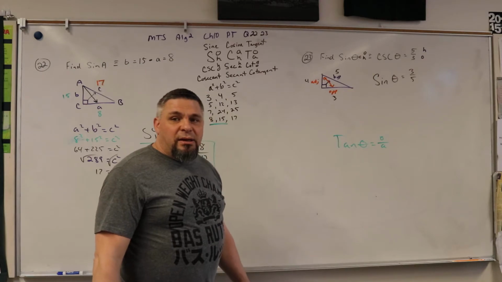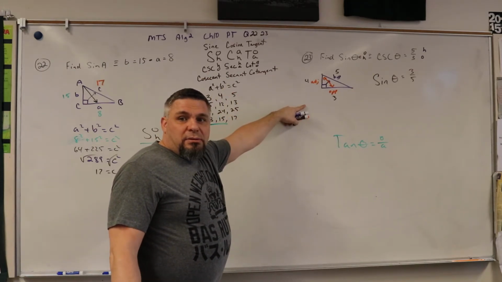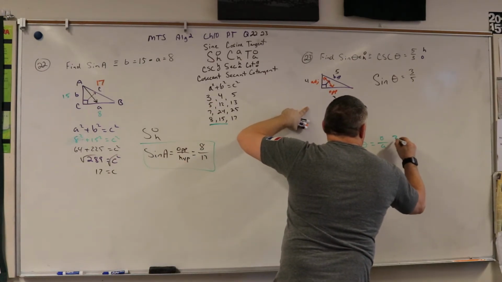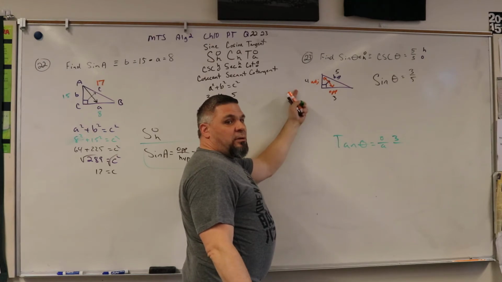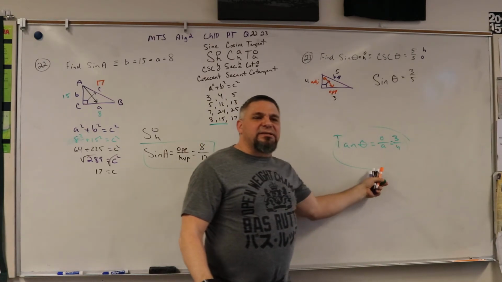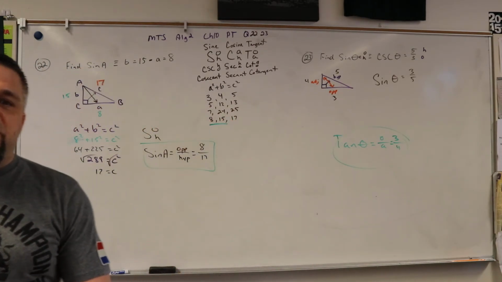And you know that opposite is 3, good. And adjacent is 4. And you're done. Now they didn't ask us that. I'm just saying, on the test, that's what you would do.